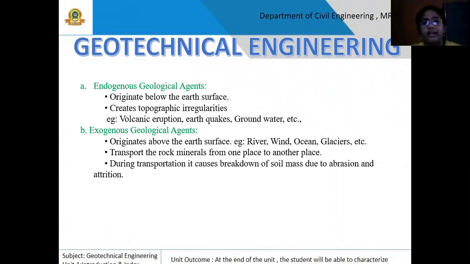Examples of endogenous agents are volcanic eruptions, earthquakes, groundwater, etc. These are the endogenous geological agents which help in soil formation. Examples of exogenous geological agents are river, wind, ocean, glaciers, etc., which help in transporting soil from one place to another. During transportation, it causes breakdown of soil mass due to abrasion and attrition also.